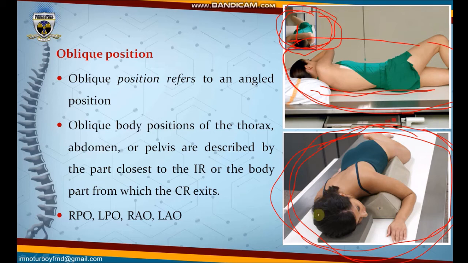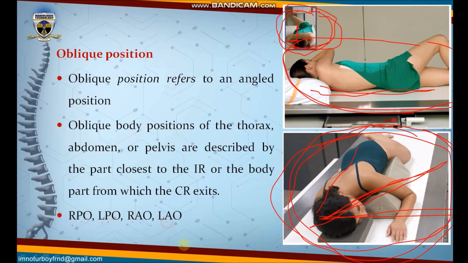In this illustration, the patient's position is RAO, right anterior oblique. That means the right side of the patient is closer to the IR, and also the anterior side of the patient is closer to the IR. Since the body is at an angle compared to the table, the patient is oblique. Again, whichever side is closer to the IR, left or right, is the one named.